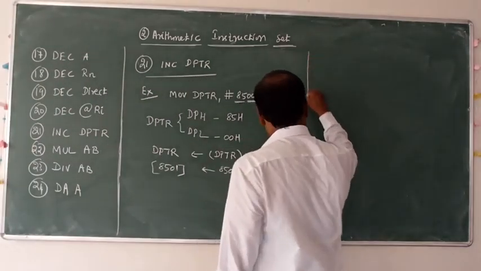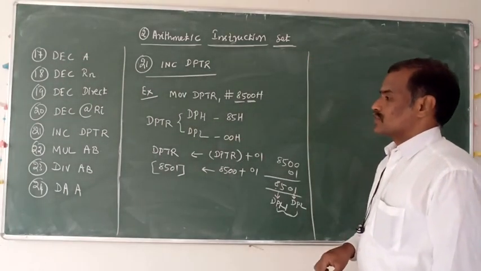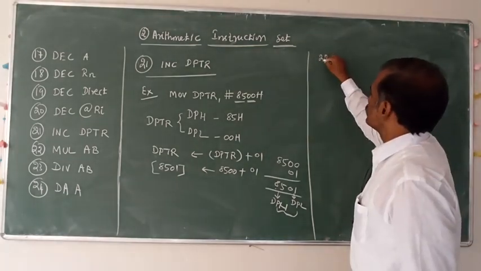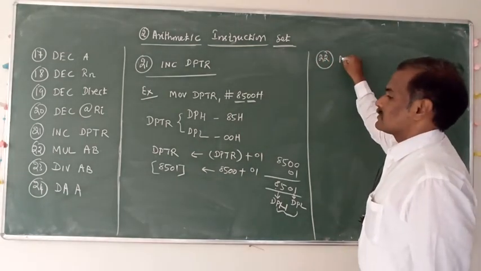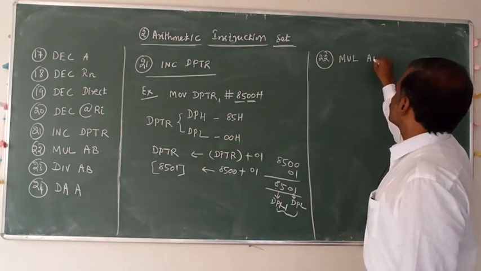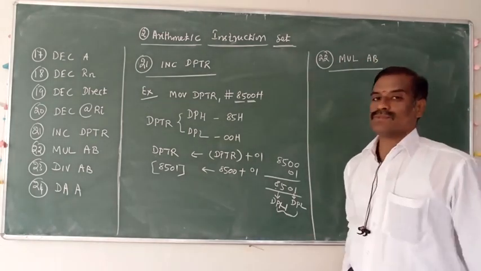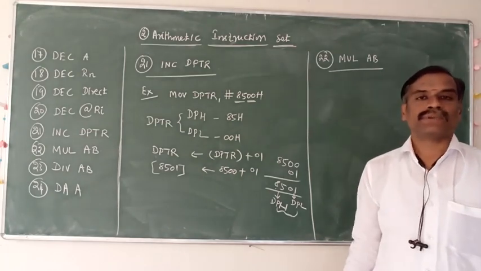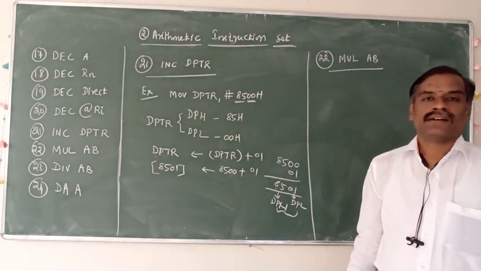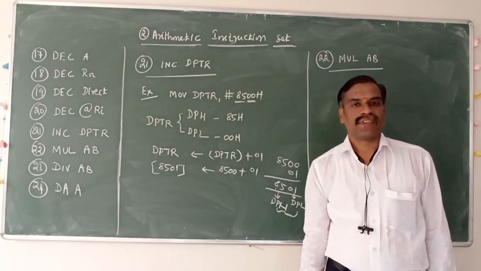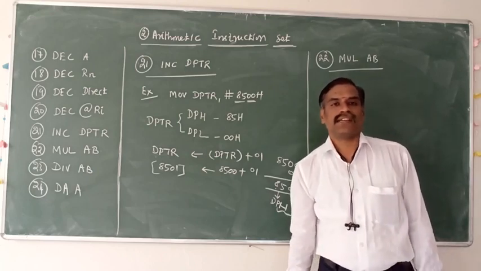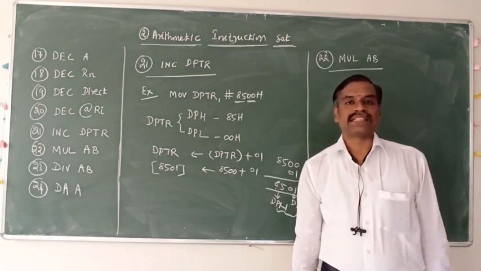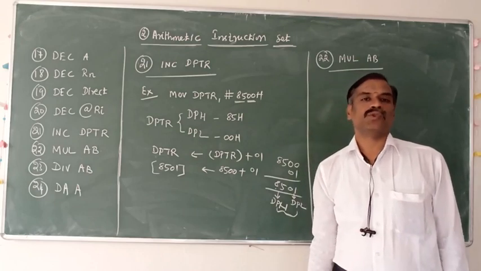Next one, 22nd instruction, MUL, which means multiplication of 8-bit data. In a microprocessor, there is no separate instruction to multiply two data.